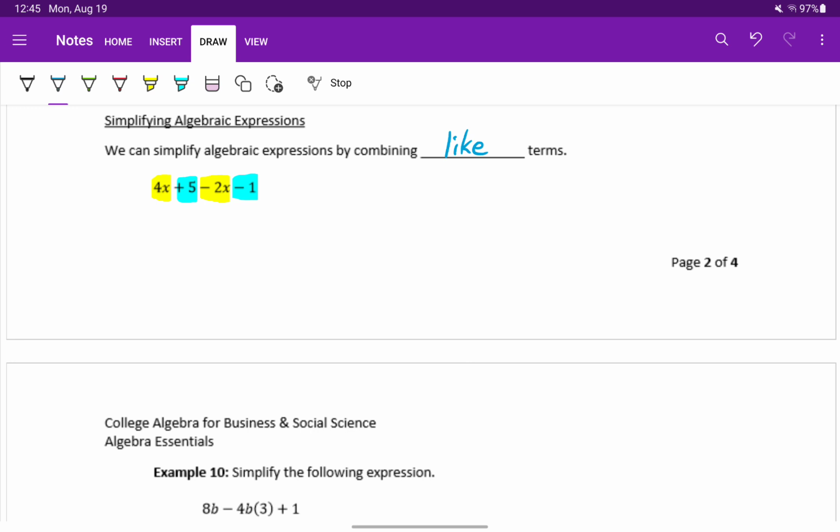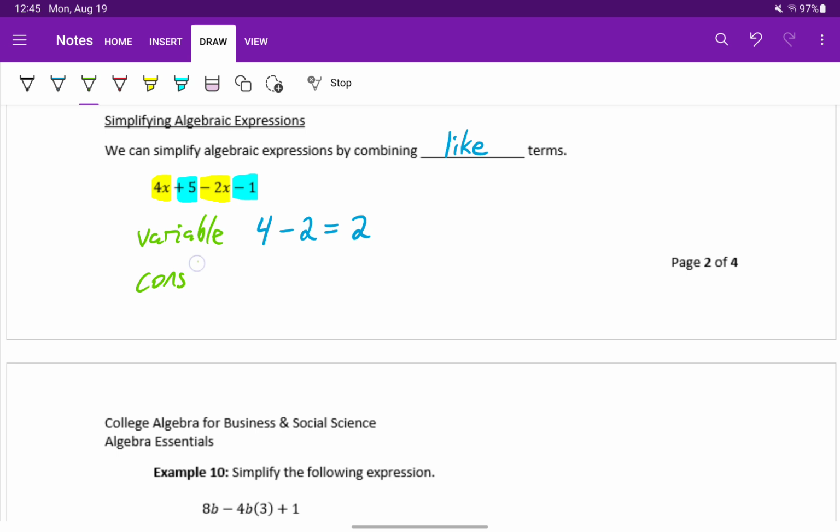In order to do that, we look at the coefficients for each term. So for our variable terms, we have coefficients of 4 and negative 2. So we can add, or in this case, subtract those coefficients to get a combined or simplified coefficient of 2.